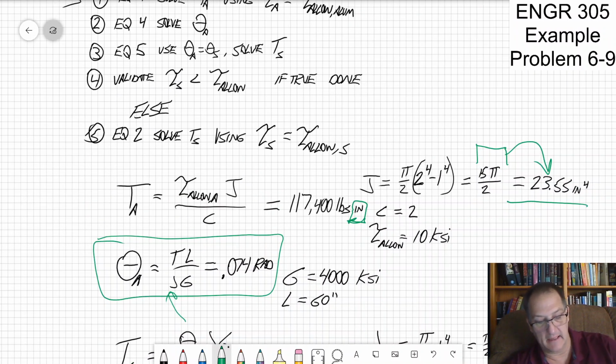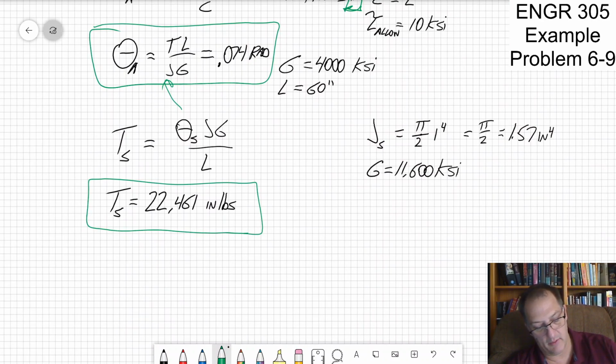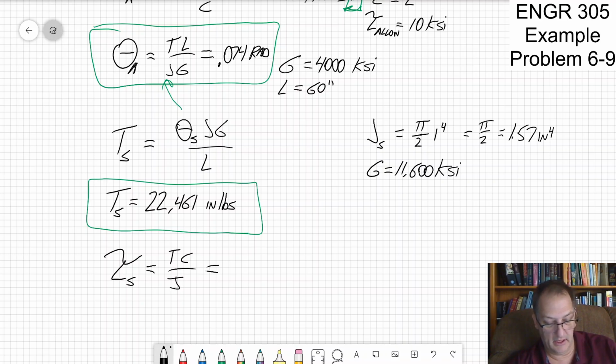Now I've got to go validate that the stress in the steel is less than the allowable limit. So I have to calculate the shear in black. Shear stress in the steel is equal to TC over J. Again, now I know here is my T, and I've got J, and I've got my C, which is now a 1/2 inch.